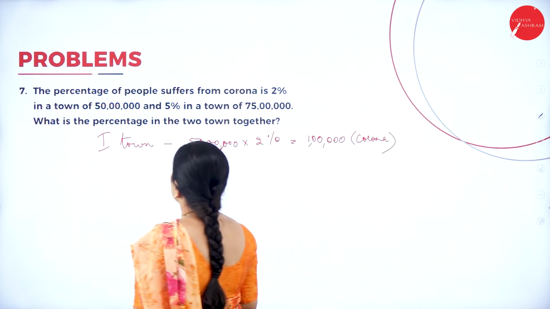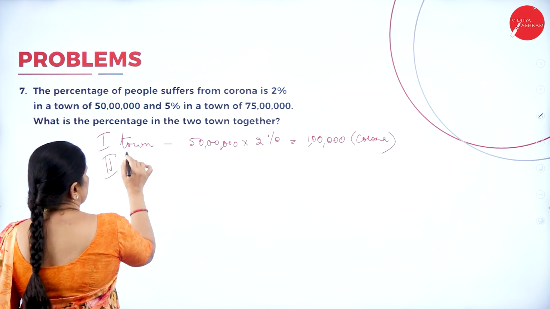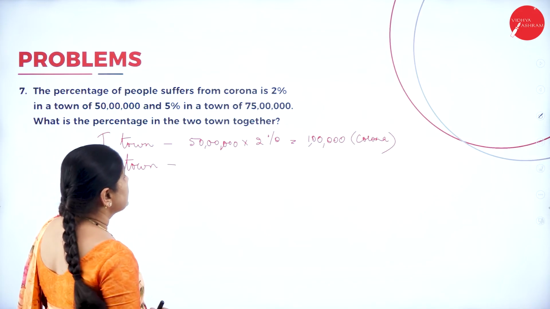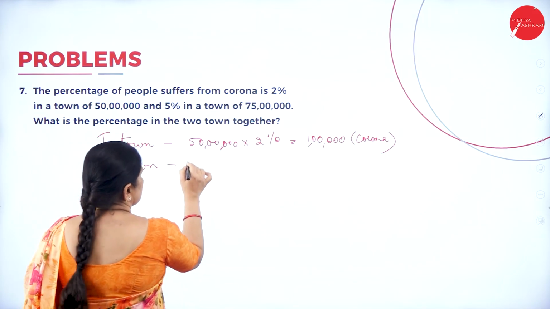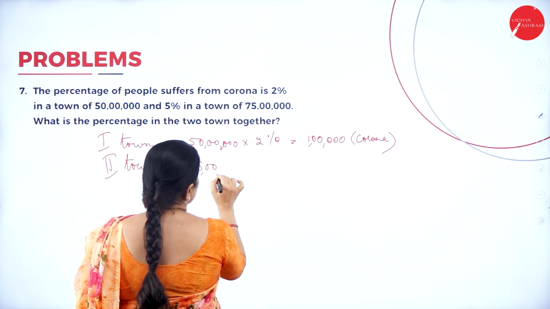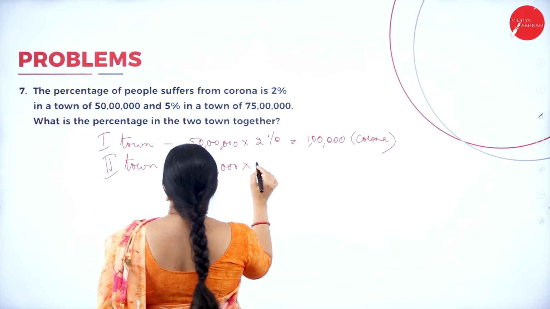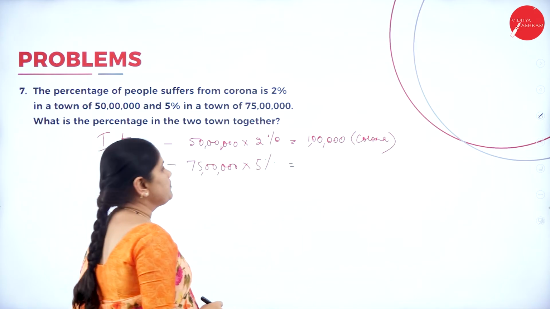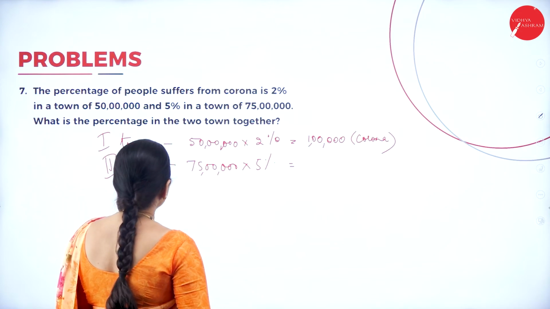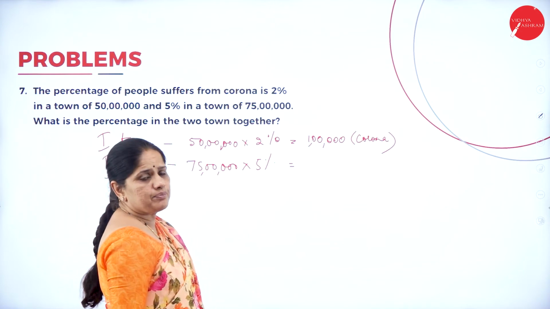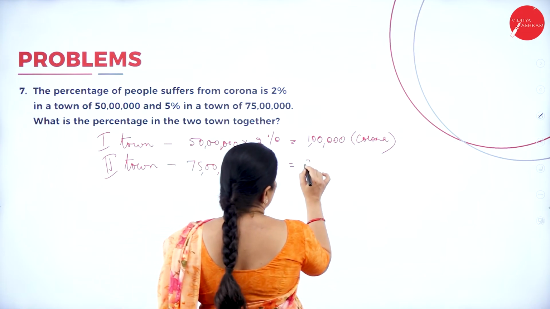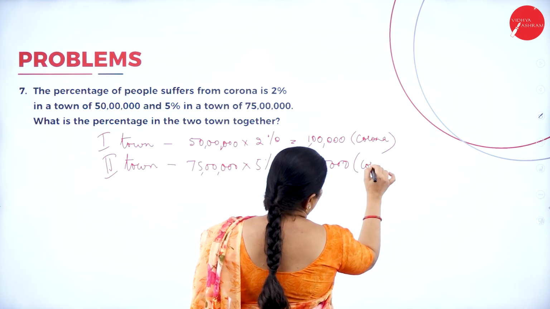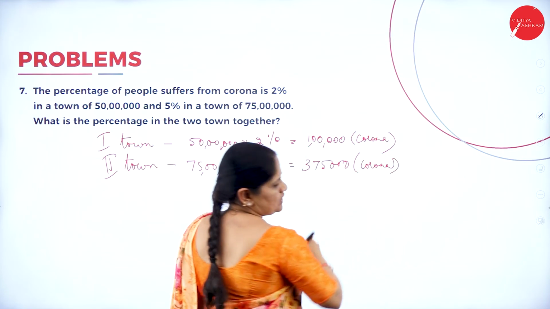Now, second town. What is the population in the second town? 75 lakhs. 75 lakhs into 5% will come up to 3,75,000. So, these are also corona patients.